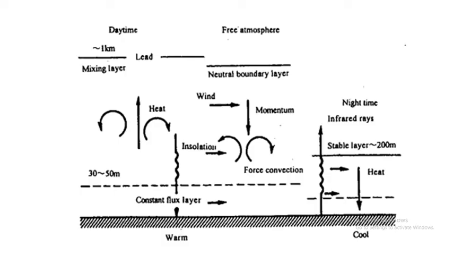Okay. Next one, the concept of the atmospheric boundary layer with the mixing layer, the neutral boundary layer and the ground inversion layer is shown in the figure. Differences in temperature exist at ground level, such as the temperature of the surface of the water and the ground, in addition to the roughness.